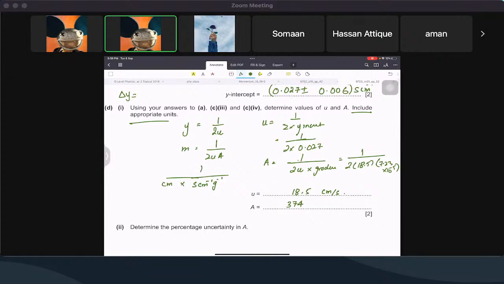So it will be second times centimeter times gram over centimeter times second. So this will cancel out, this will cancel out, only grams are left, so this will be g. Is it clear, everybody?